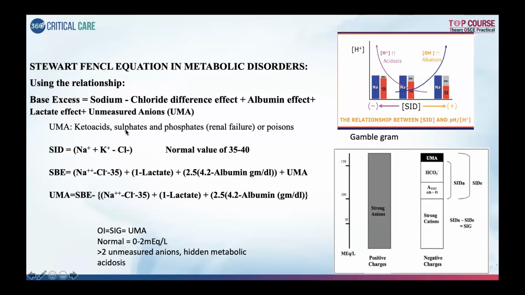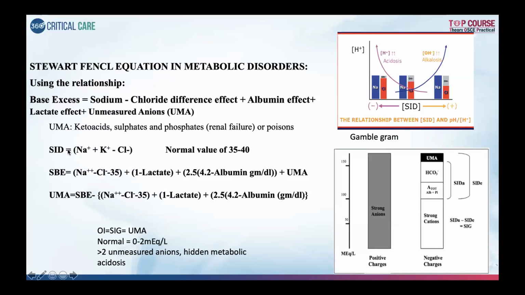So I'll go through this briefly. In the Stewart principle, the independent factors are ATOT, PCO2, and the strong ion difference. The strong ion difference is the strong cations minus the strong anions. The strong cations are sodium and potassium, along with calcium and magnesium if you have those, minus chloride, the strong anion.